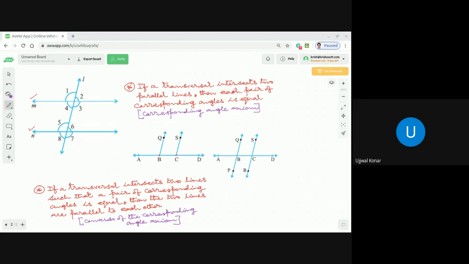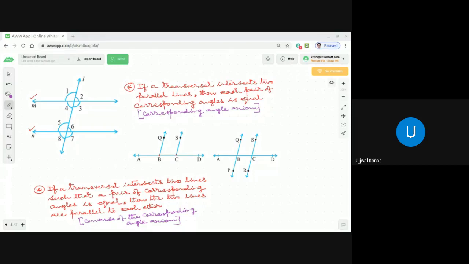Okay, great. Now let us see whether we can use the corresponding angle axiom to find out the relation between the alternate interior angles when a transversal intersects two parallel lines. Let us see how we can make use of the corresponding angle axiom for this.